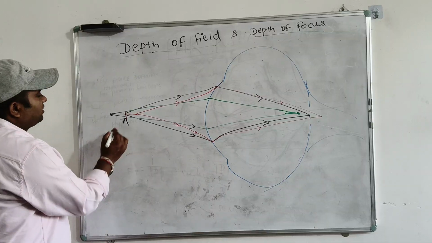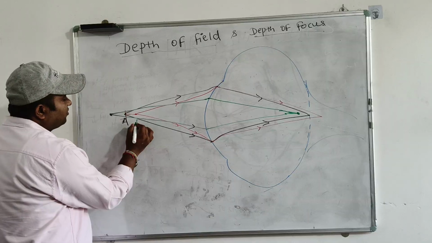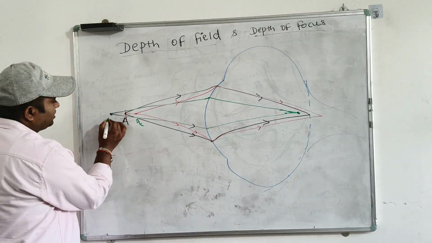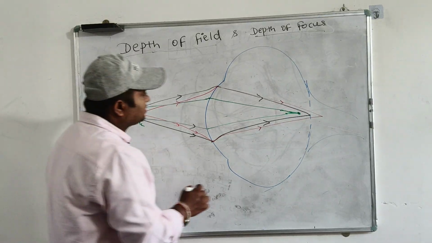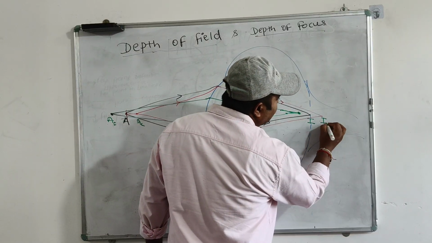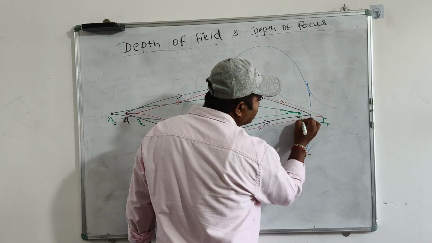Let's assume this is A, this is A closer to the retina, AC I'll put, and this is A further from the original object, right? Similarly, here I'll put image I, image I which is far from the retina, IF, and which is closer to the retina, IC.